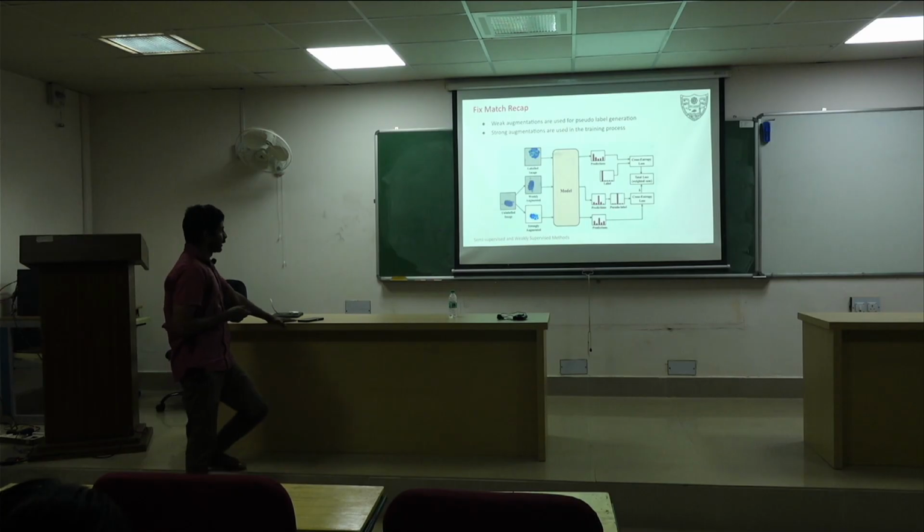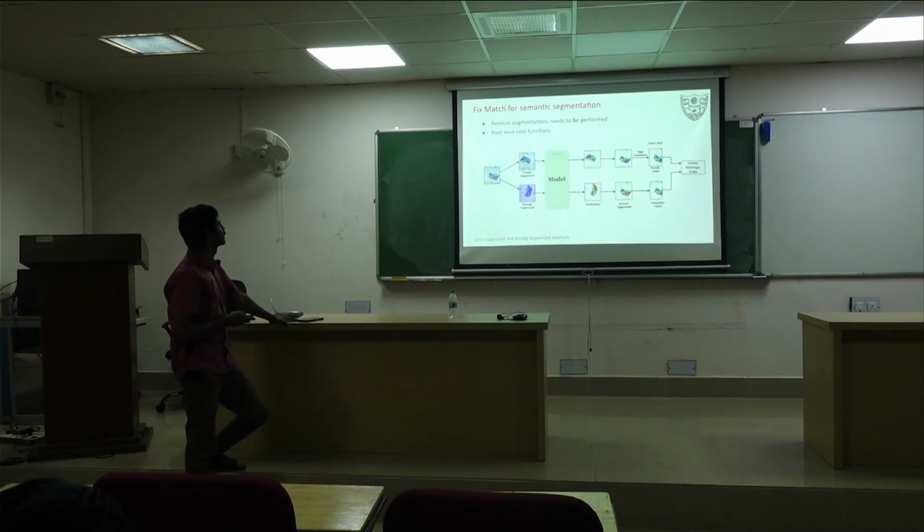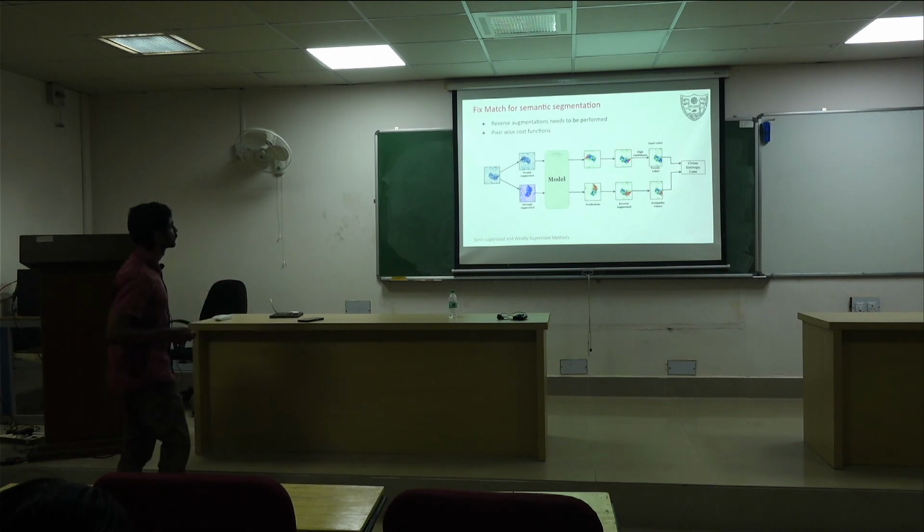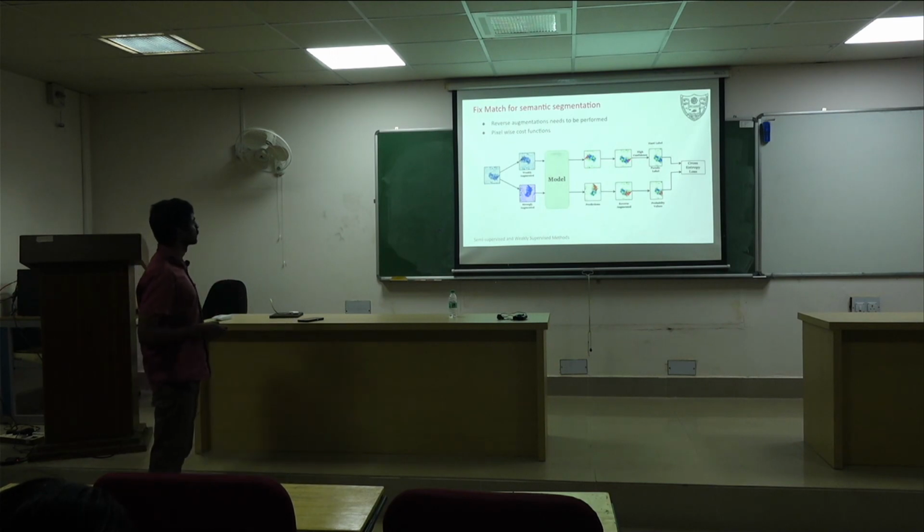So these were the predictions. This was considered as the pseudo label, and these had other predictions. And you try to do a loss there. Sorry, this is not a cross entropy loss, this is a mean square loss. Okay, I'll check this. I think this was mean square error loss.